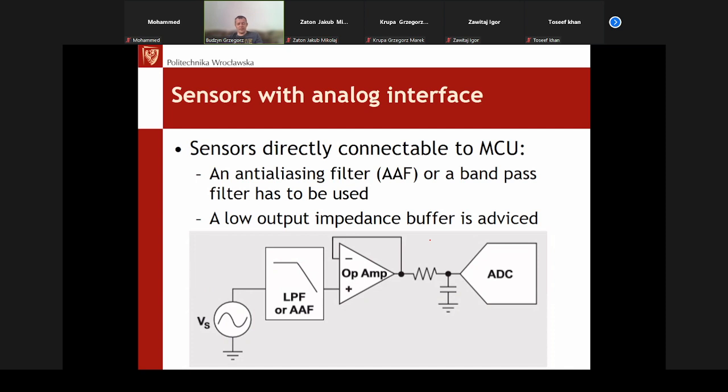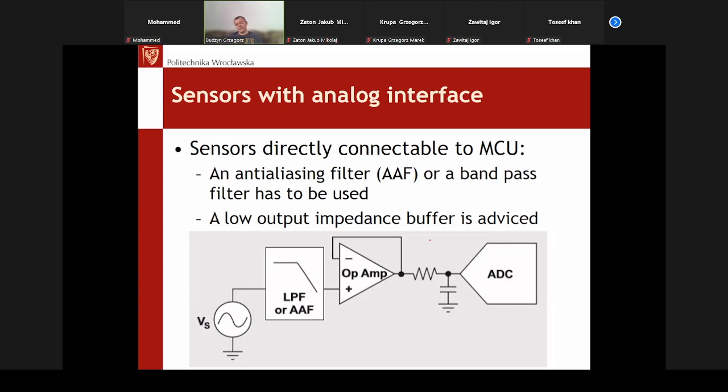To sum it up, even if we don't need to make any conversion of the offset or of the amplification, we still need two things between the sensor itself and the analog-to-digital converter: the anti-aliasing filter and the low impedance buffer.